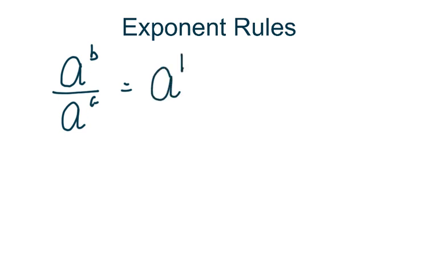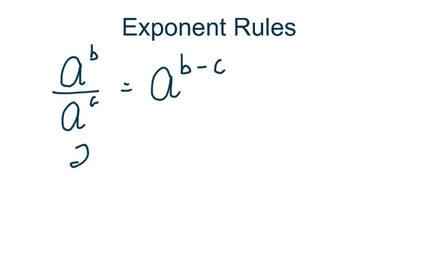The final one I would like to cover is dividing powers. If we have a to the b power divided by a to the c power, that is actually a to the b minus c.